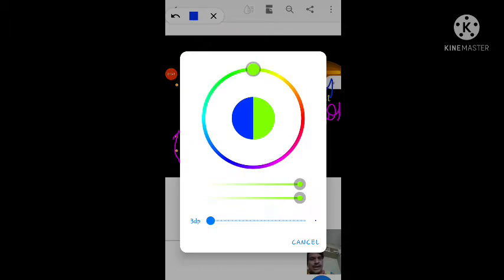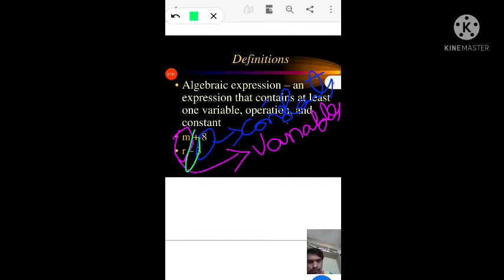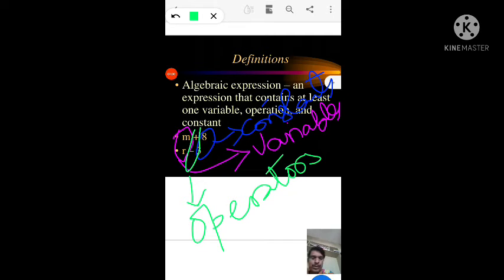Next, we are having another middle value, that is the operator value, plus, minus. These two are called operators or operations. Okay, in any expression we'll have a variable, a constant and an operator.